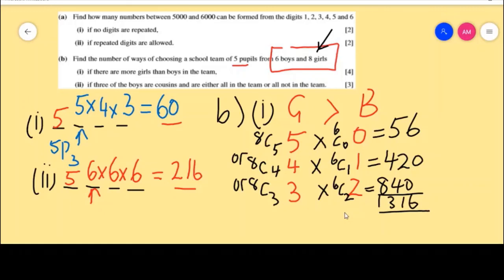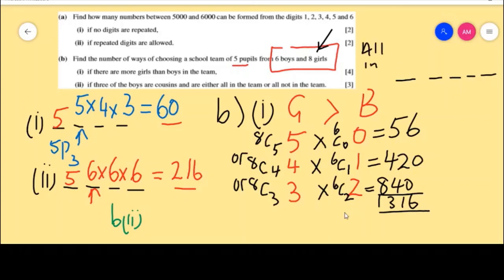Now I'm going to do B part 2. If 3 of the boys are cousins and are either all in the team or all out of the team. I'm choosing 5. First, all in.